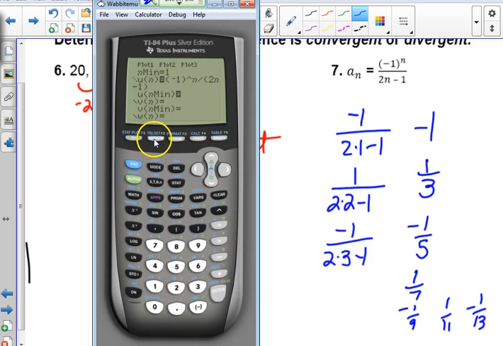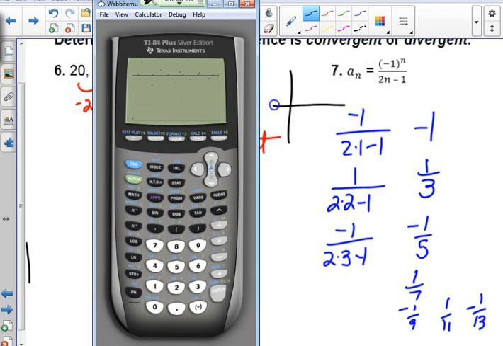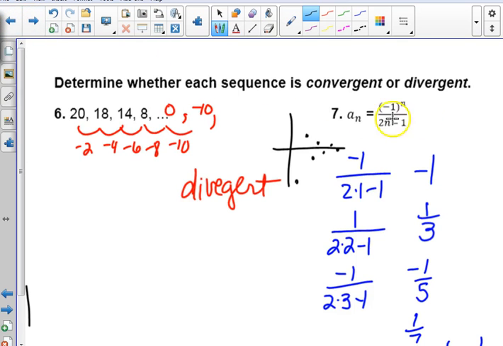If I do a zoom 0, it shows that the first term was negative, the next term was positive, negative, positive, negative, positive, negative, but they kept getting closer and closer to 0, yes? Okay. But did we write the word convergent anywhere? Yep, I didn't write it well, but I wrote it. Okay.